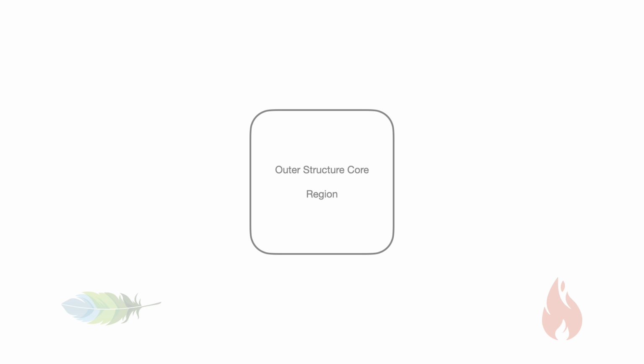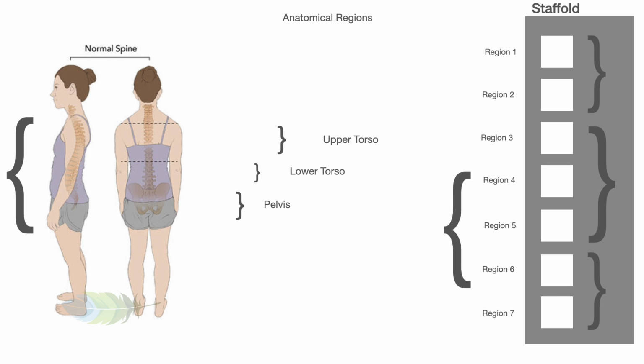And this is basically the outer structure core region. So this is something to note: if you were building a model of an anatomical build, like a mannequin or something like that, this is where we start.